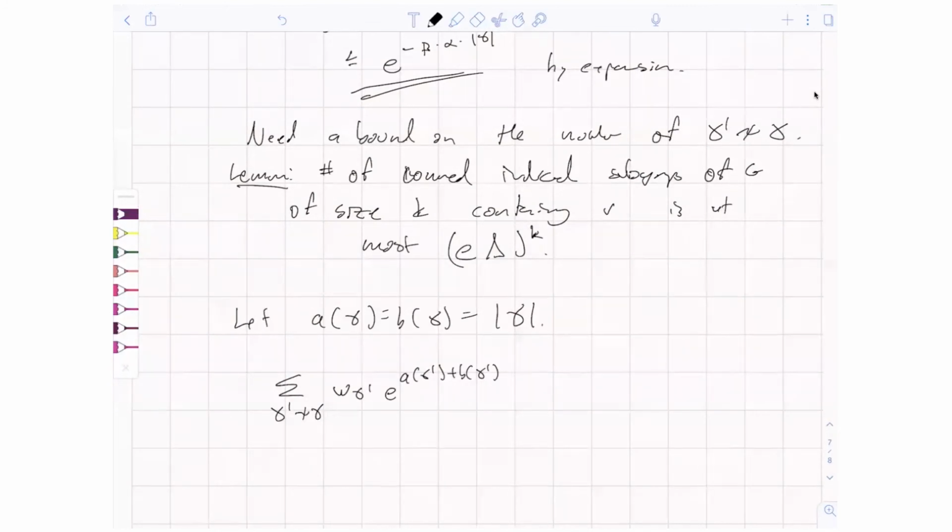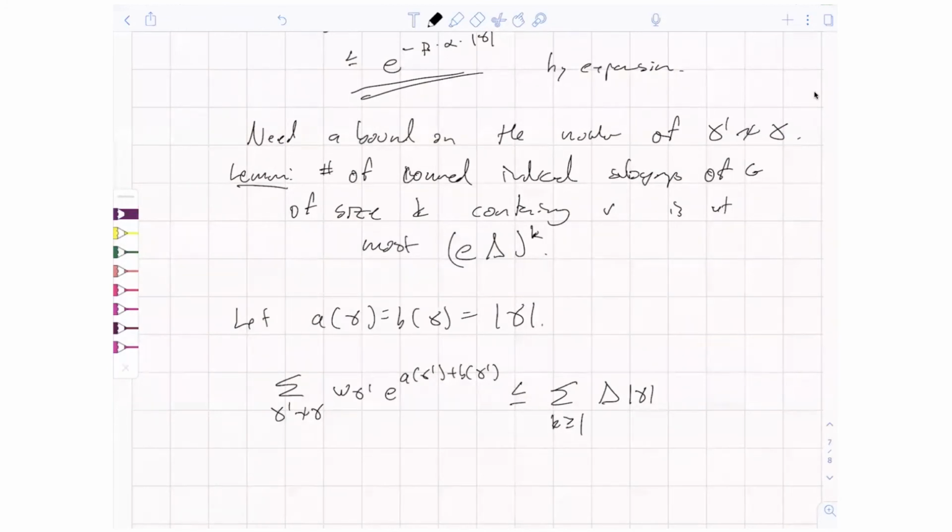Okay, so this is at most, and now I'm going to sum over all the possible sizes of gamma prime. So K is the size of this polymer that's incompatible. What's the number of possible polymers of size K that are incompatible with gamma? Well, we basically have something like delta times the size of gamma ways to neighbor gamma.